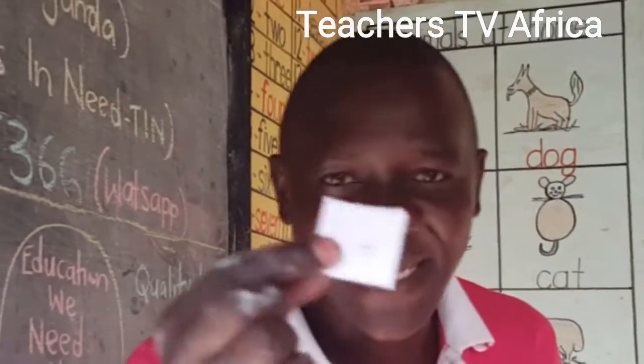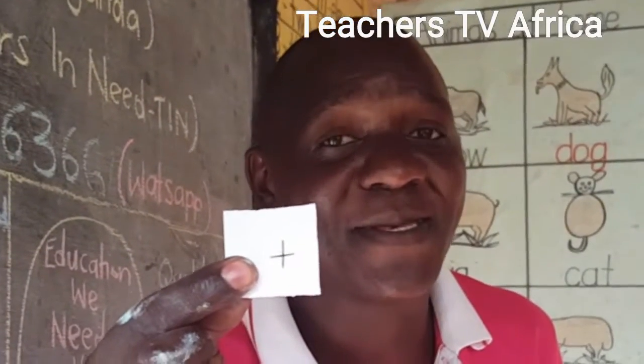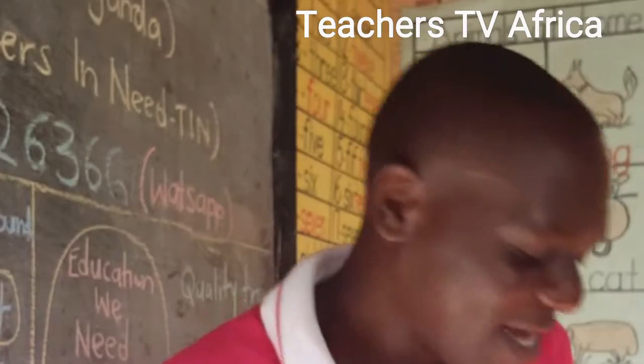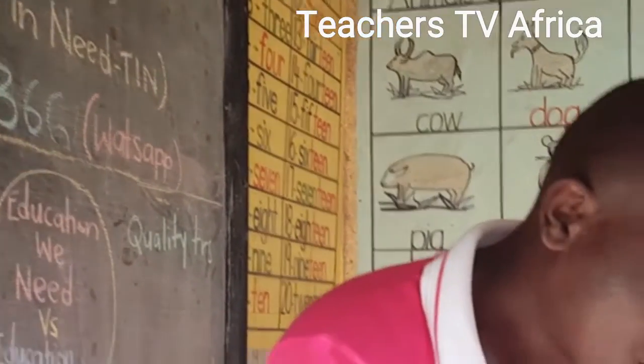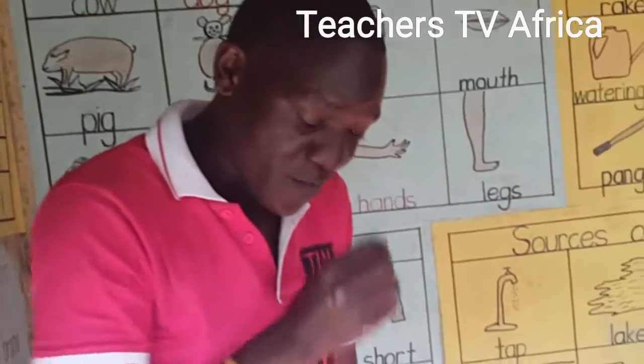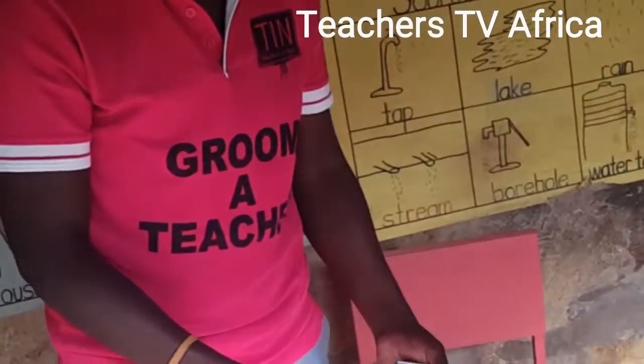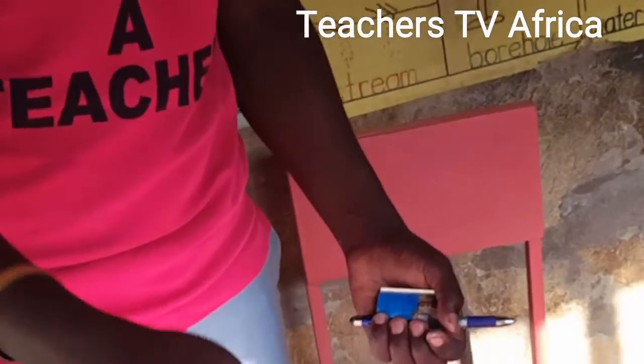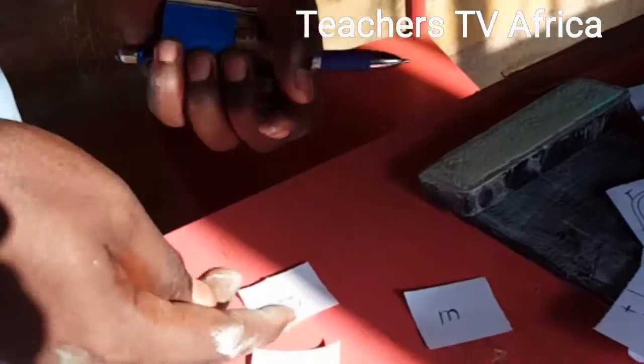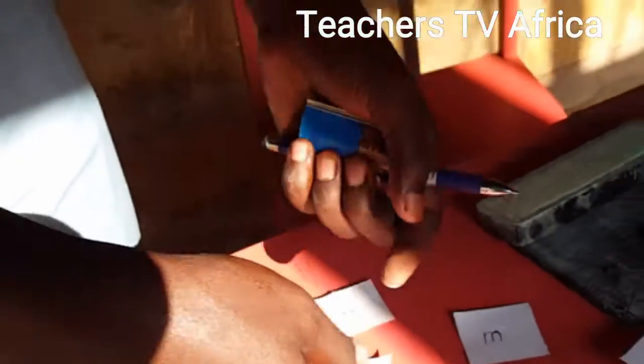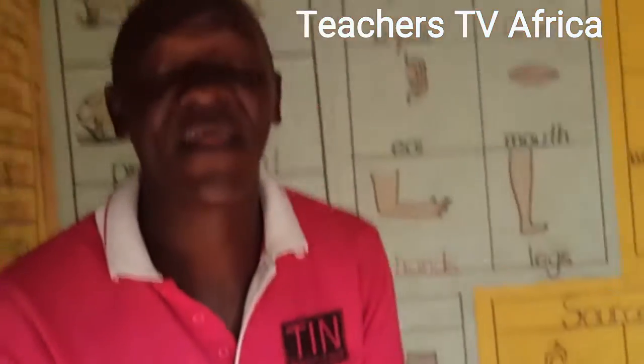Then is this sound T? Then the child will say yes. Then they use the sound T. Then you can put them down, as you can see them on our locker, then they come and they pick, come closer, come closer. They come and they pick sound T by themselves.